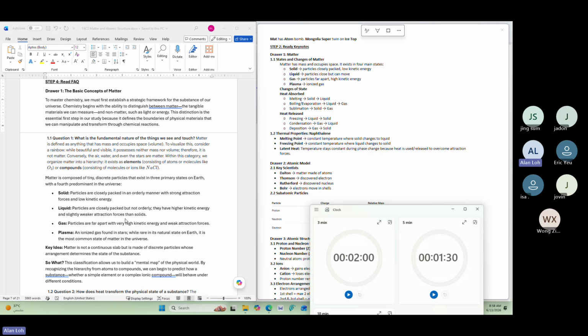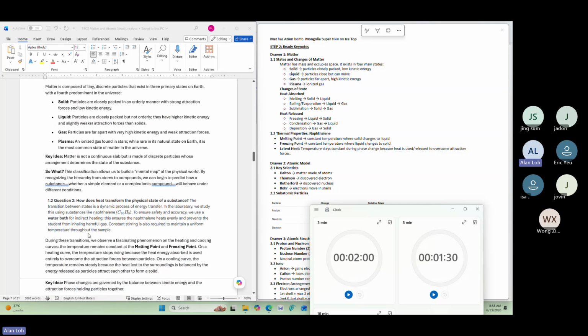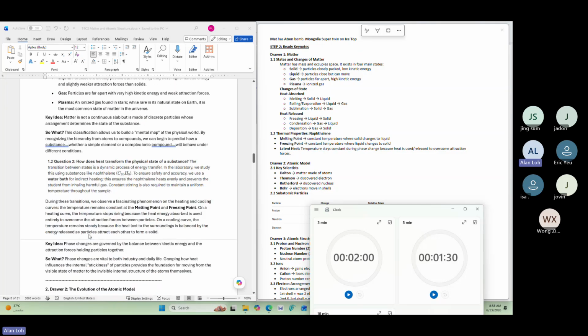All right, drawer 1 is matter. Remember, matter. Math has an atom bomb. So math. Now let's increase from 3.5 to 4. And we will do question 2 for 1 minute and 30 seconds. 90 seconds. Question 2.